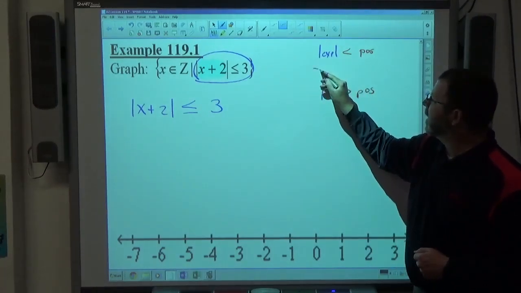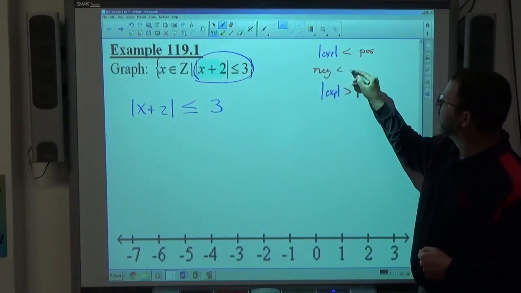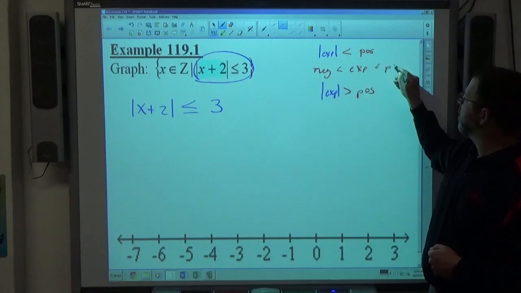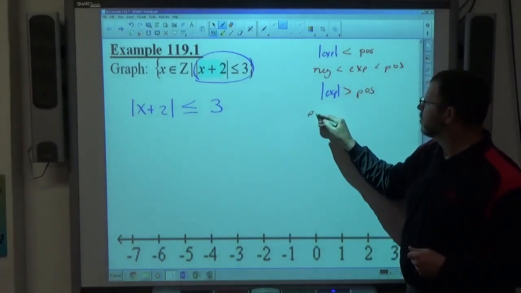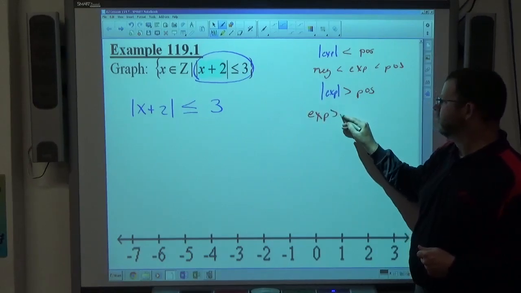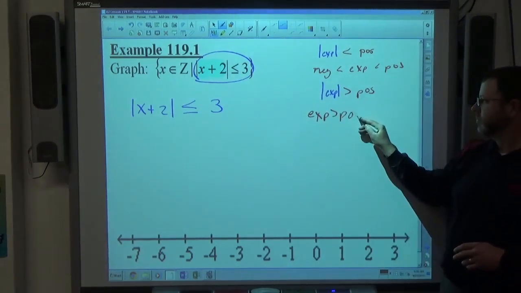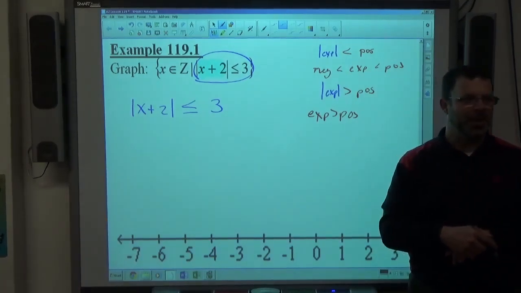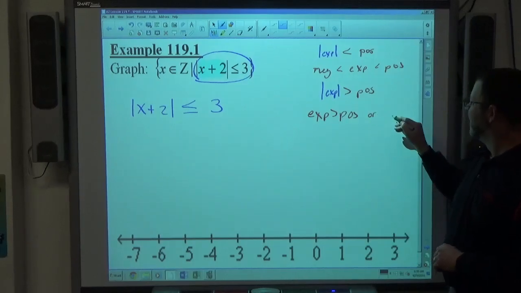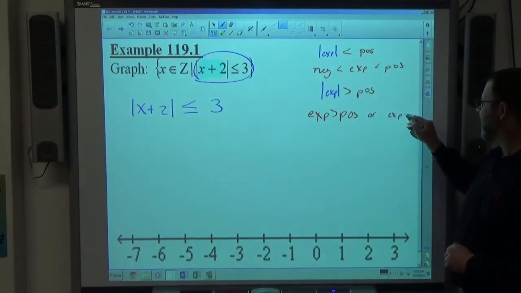We're going to get negative positive less than the expression less than the positive. If it's expression greater than positive, it's going to be expression greater than positive or expression less than negative. Just get rid of the absolute value bars, which everybody wants to do anyway. Just get your eraser out and erase them.